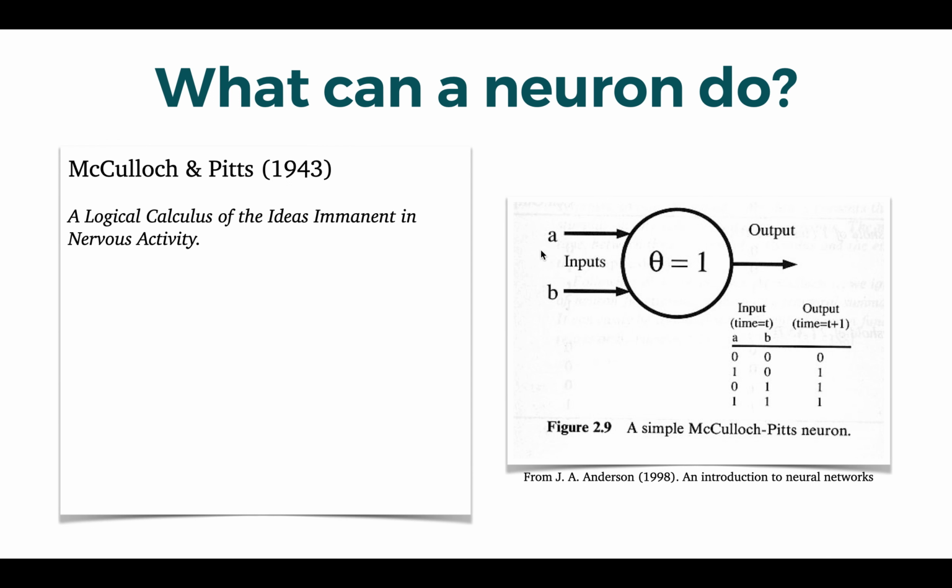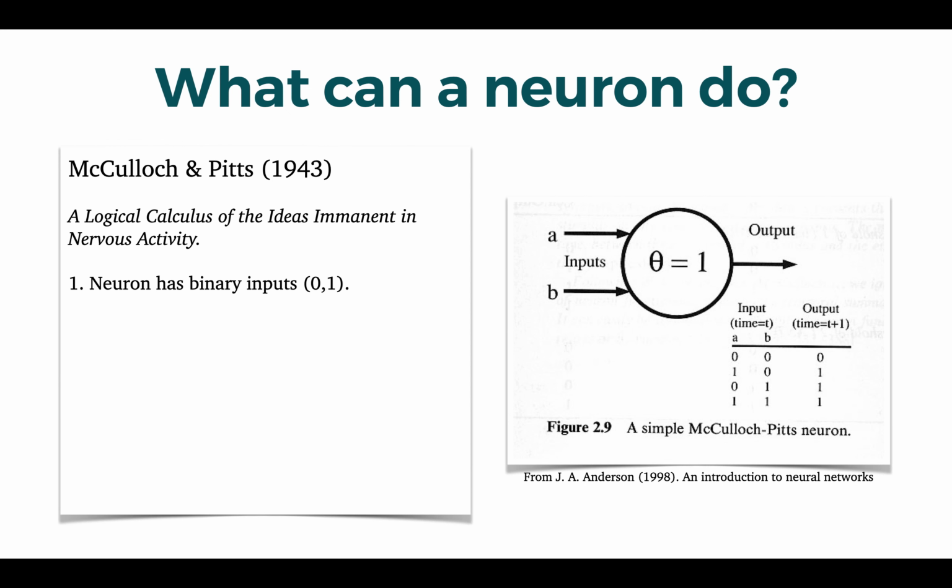Here's some dendrites as inputs, right? Here's your axon and output. They wrote a paper called A Logical Calculus of the Ideas Immanent in Nervous Activity. Now, this paper made a few assumptions about neural activity in order for this modeling process to work.